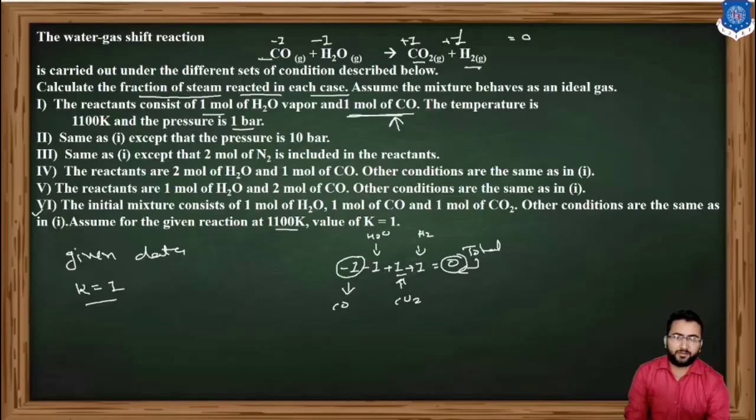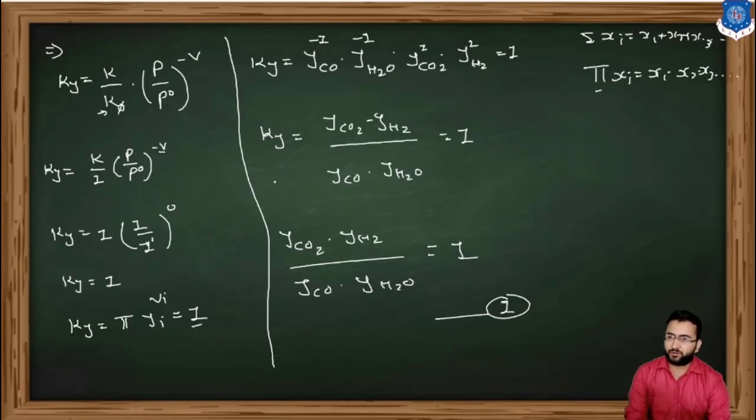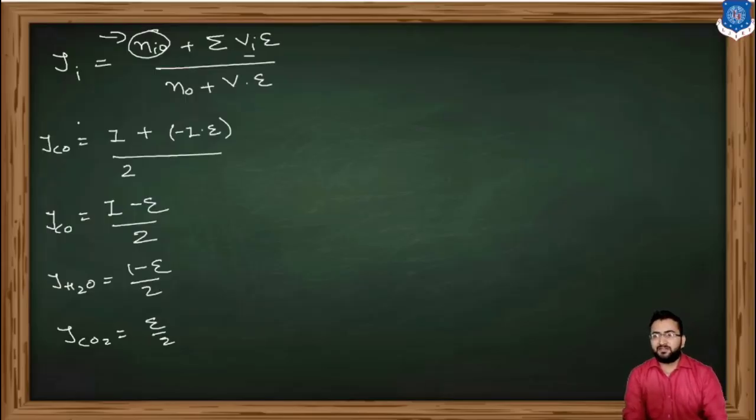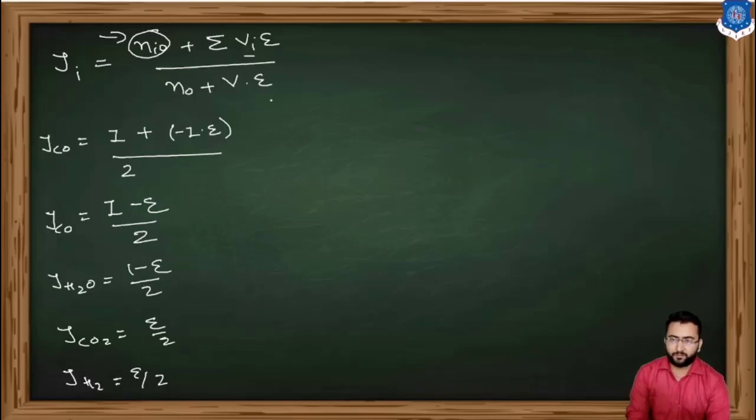There is no mole of CO2 and H2, so I am considering this initial mole NO as 0. So keep in mind that if in the statement the initial mole is not given for a particular substance, then that initial mole is 0. So we are considering 0 mole for that particular component. Now similarly for H2, that can be given by epsilon by 2.